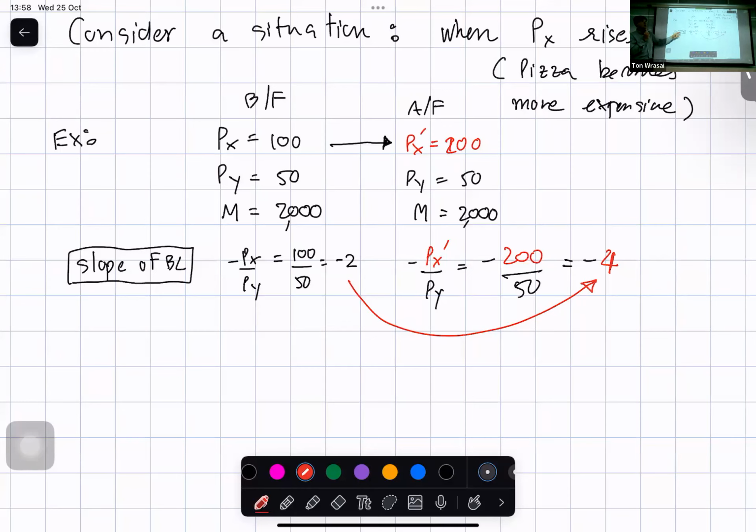Formally speaking, the opportunity cost of pizza becomes more expensive.